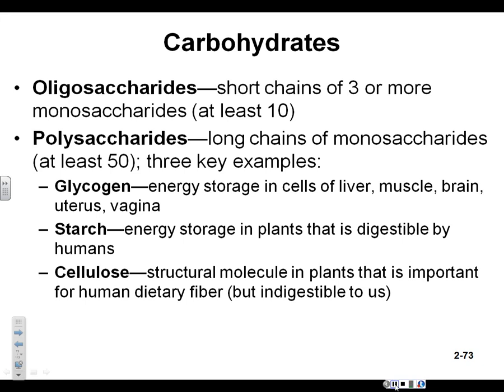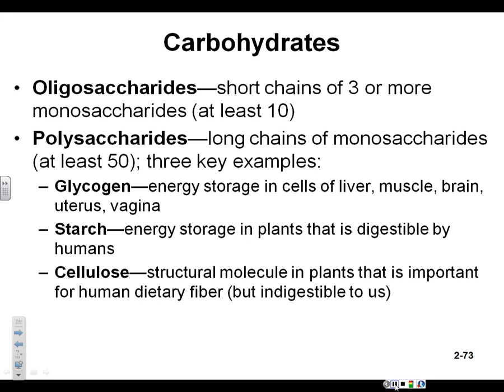Right. Glycogen we store in our liver cells, our muscle cells, brain, your uterus, and your vagina. Starch is in plants. All right. It can be digested by humans. Cellulose is found in plants. It is indigestible to us, but it gives us roughage and fiber.